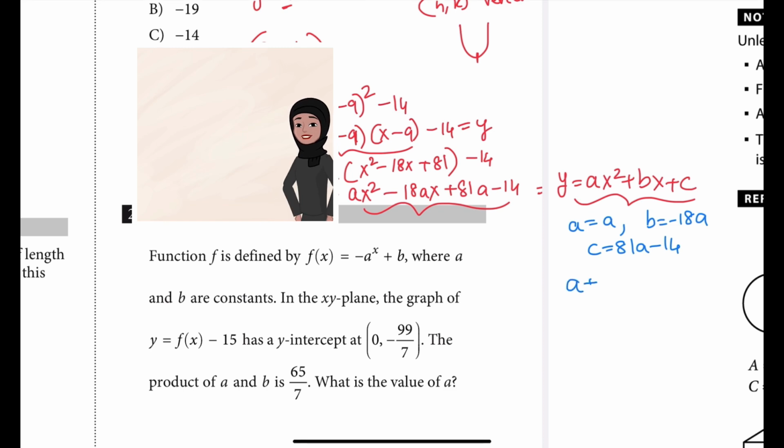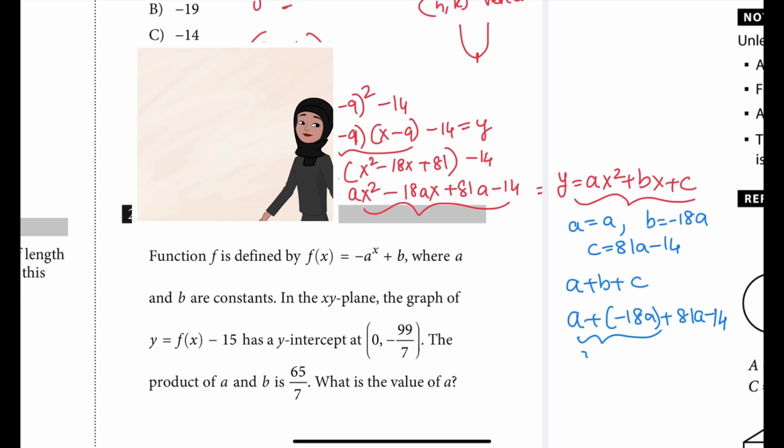If we use the expression a + b + c, it yields a + (−18a) + 81a − 14. Then simplifying this, we will have 82a, because 81 plus 1 is 82, minus 18a minus 14, and further simplification 64a − 14.